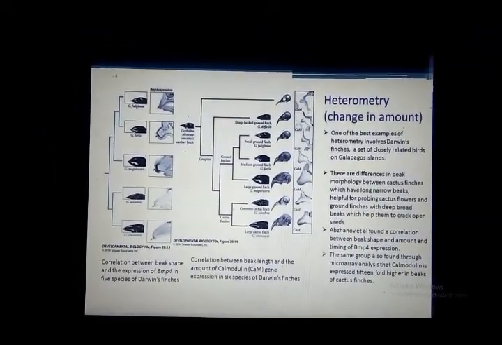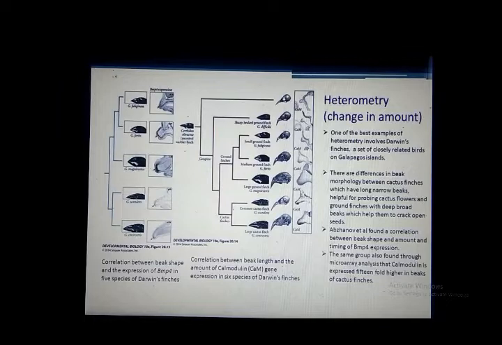So heterometry has one of the best examples in Darwin's finches, a set of closely related birds on the Galapagos Islands.